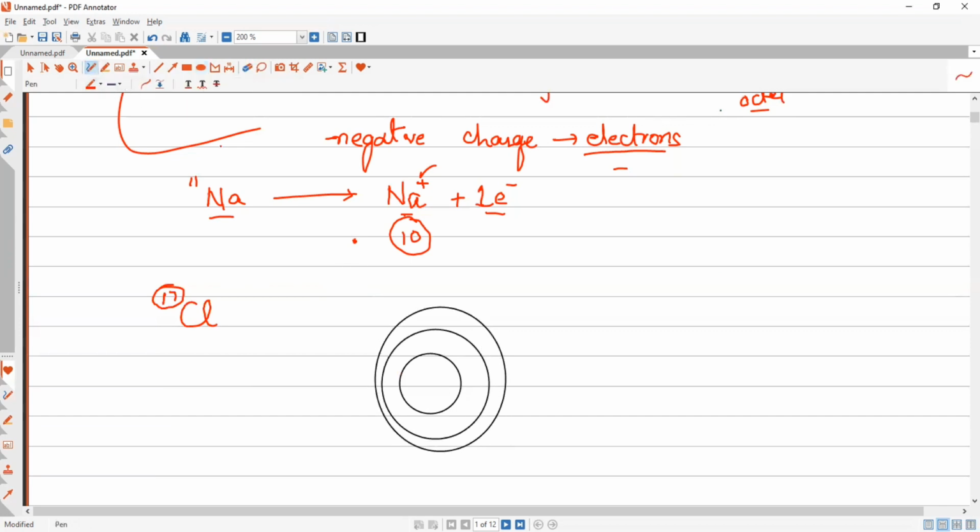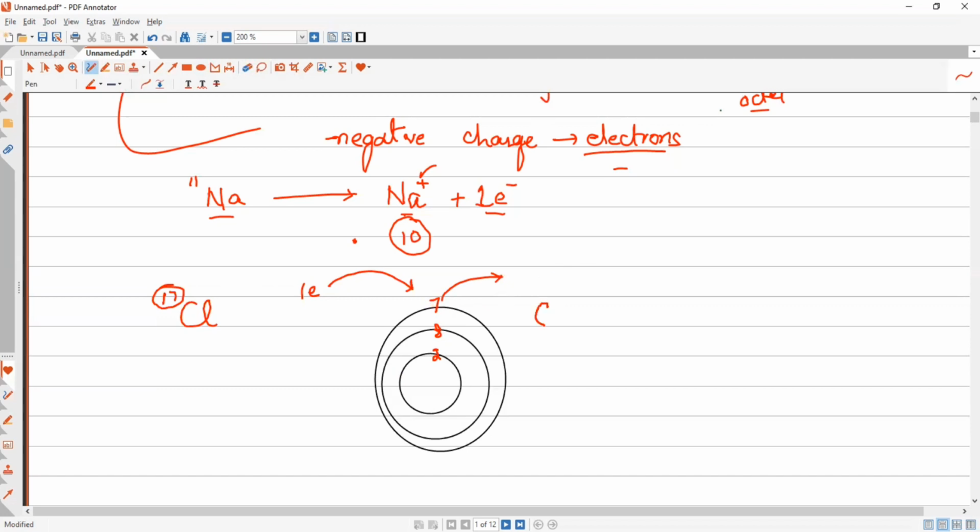As we have discussed, the first shell can accommodate only 2 electrons, the second shell can accommodate only 8 electrons, and the next shell contains 7 electrons. So it is very difficult for chlorine to lose all these 7 electrons that are present in the outermost shell. So rather than losing 7 electrons, it can gain one more electron, and now its electronic configuration will become complete because now it has 8 electrons in the outermost shell.